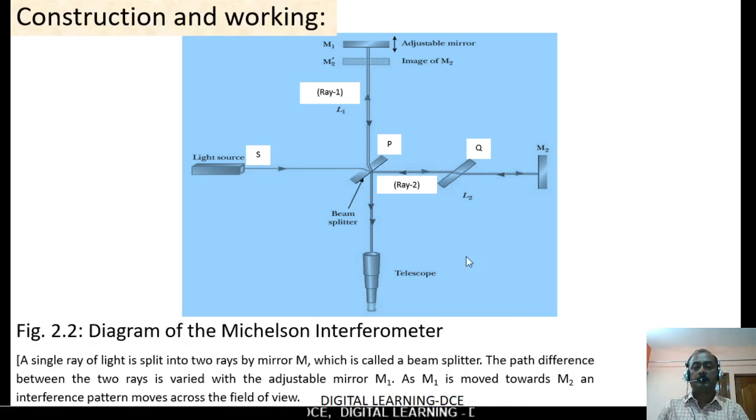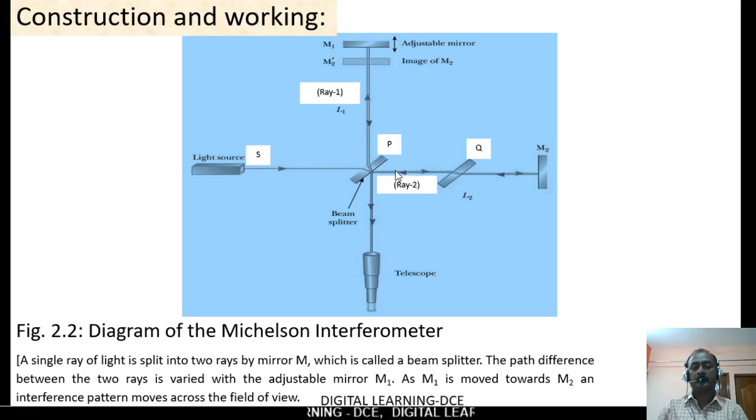See here, this is the Michelson interferometer. A single ray of light coming from the light source is split into two rays by the mirror M1, which is called the beam splitter. When the light coming from the light source is incident on the mirror, it splits into two rays, hence this is called a beam splitter.